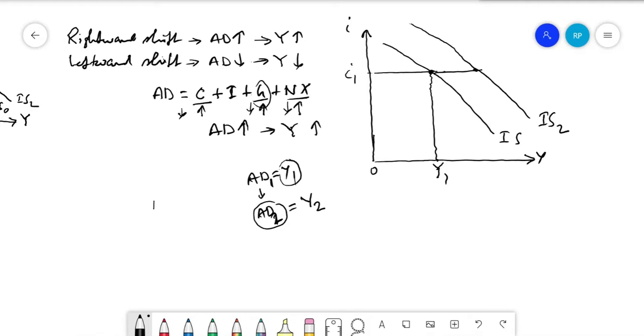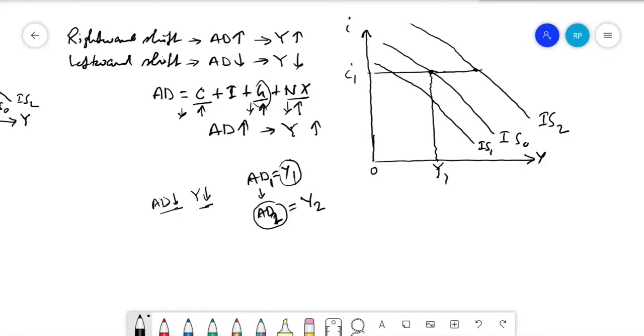Then definitely your aggregate demand is going to decrease. And if your aggregate demand decreases, to bring the equilibrium in the commodity market, the level of output Y will also decrease. Clear? So if both are going to decrease, definitely the new IS curve will be leftward of this original IS curve, say IS1.